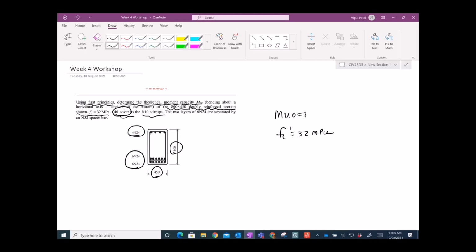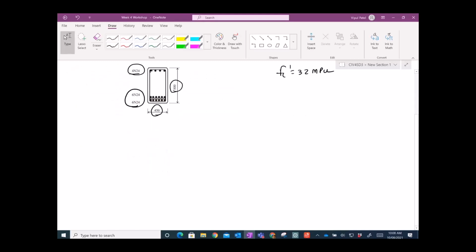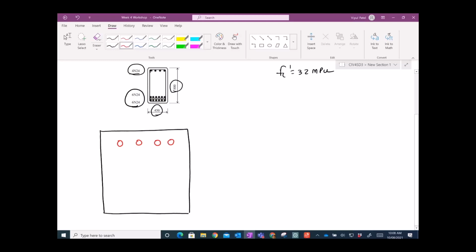I think you know the drill by now, that you need to have this nice figure drawn for you, that you can just draw it big, and then you have these 4 N24s.